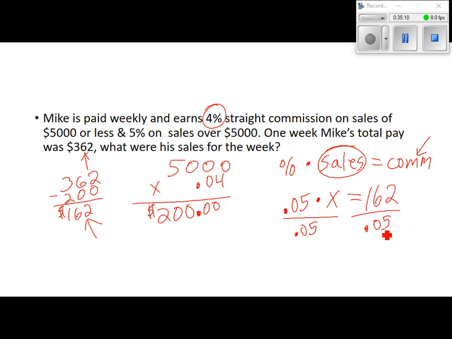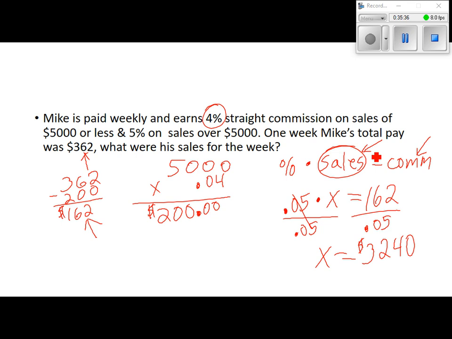It gets bigger, right? Usually when you're dividing, the number gets smaller, but if you're dividing by something like 0.05, it's going to get bigger. These cancel out, what's left? What is 162 divided by 0.05? $3,240. That's how much he sold.